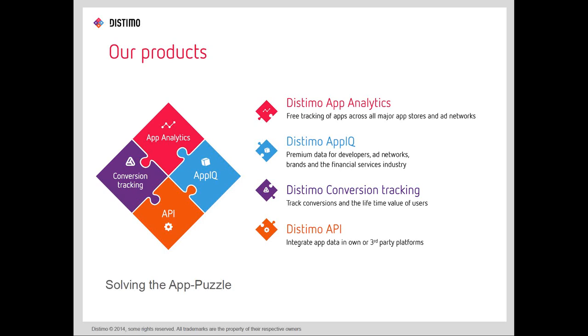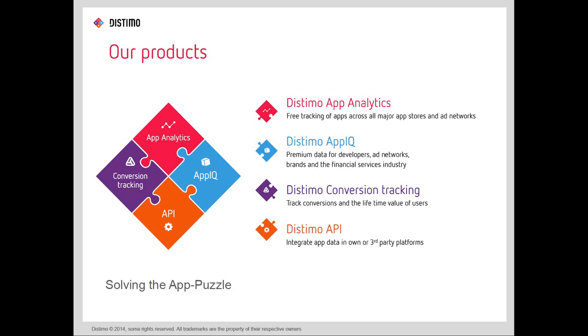So we're an app analytics company, and we started off with our app analytics product, which allowed us, or mainly you as a developer, to really track all of your apps, which means if you, for example, have a Google app, an Apple app, and an Amazon app, you can see all of your download and revenue numbers in one interface. And in addition to that, there will also be things like reviews and ranks, basically all the interesting stuff about your own apps.